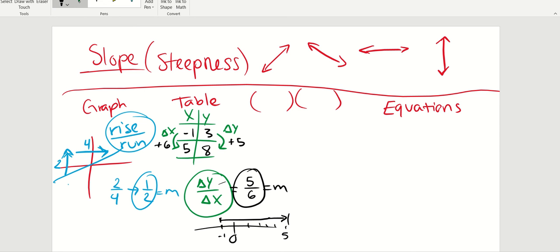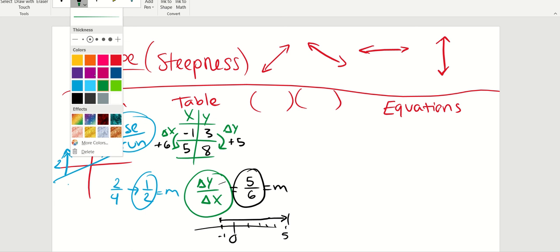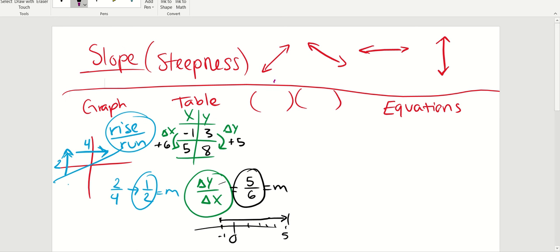All right, so then the other part is calculating when you have 2 points. So let's say we have, again, random numbers: 3, 1, -5, 6. We are going to use the slope formula here.